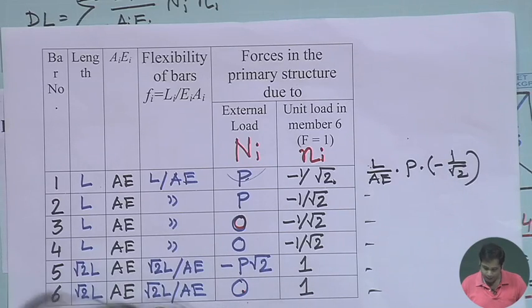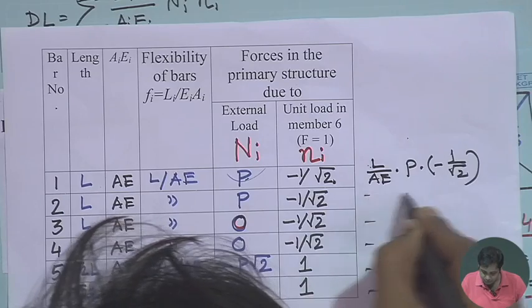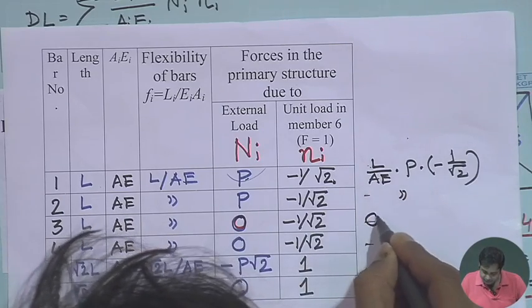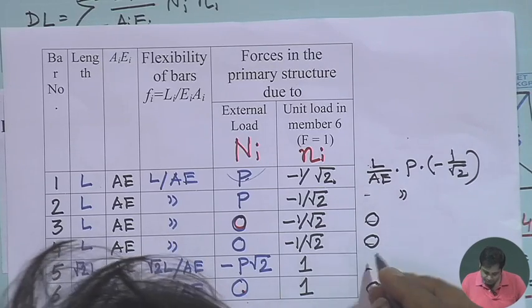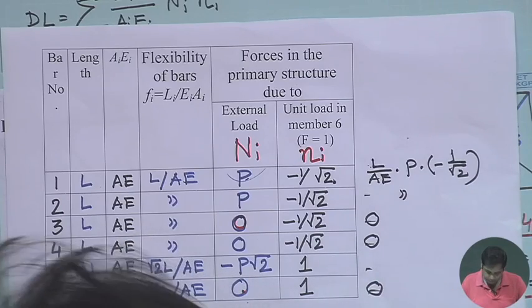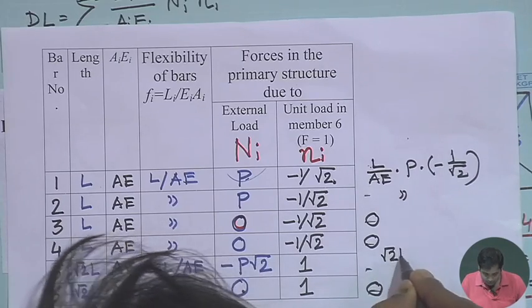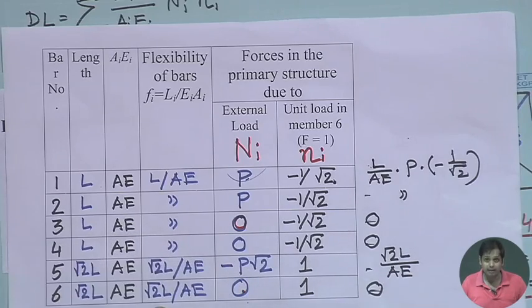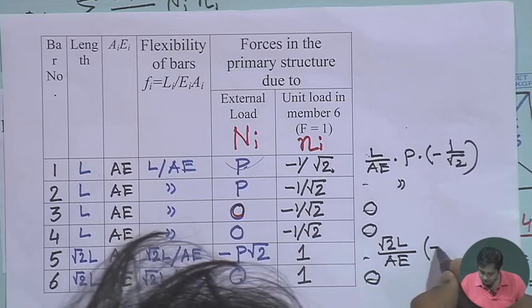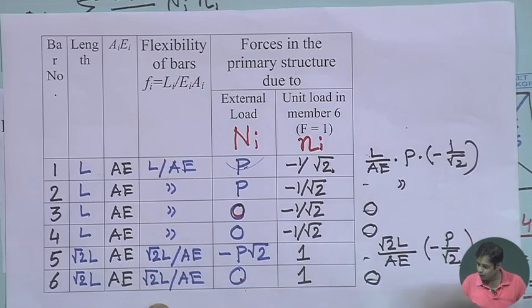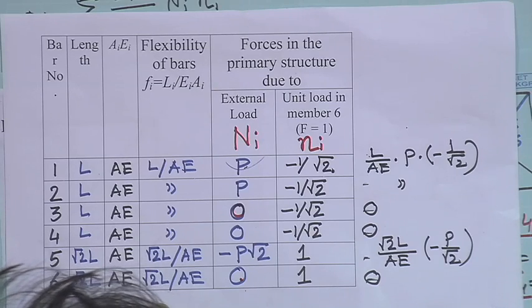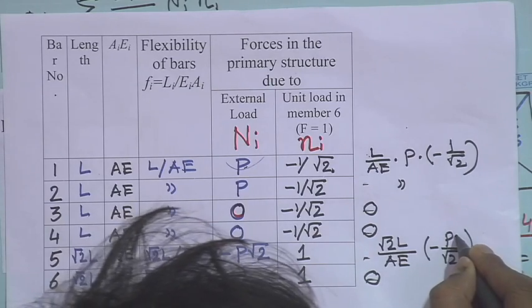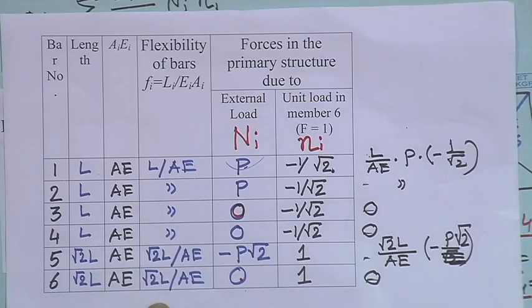This is also the same, this is 0, this is also 0, this is also 0, and this becomes root 2 L by A into minus P by root 2. So then what we have is P into root 2.